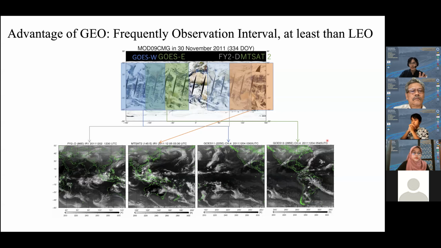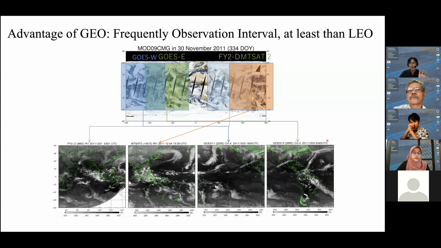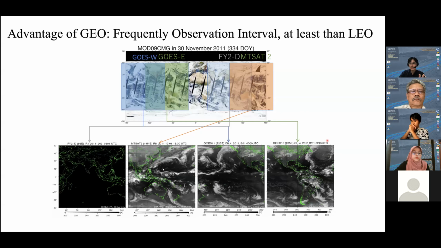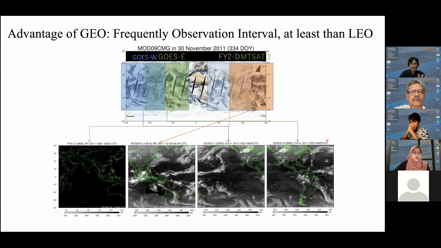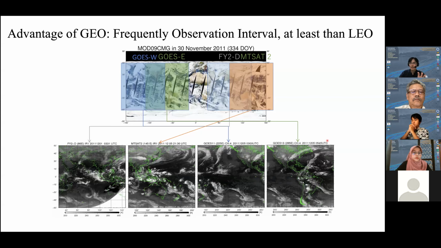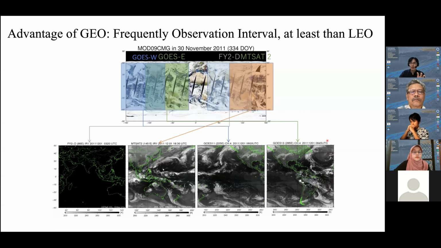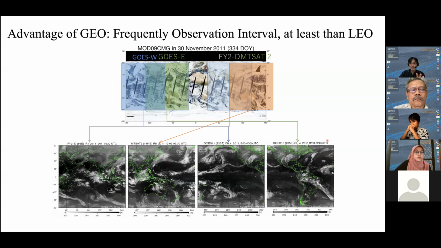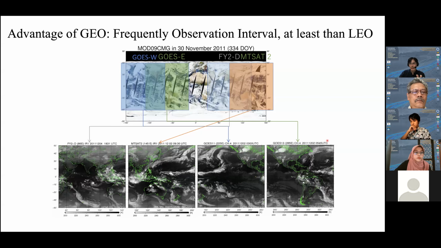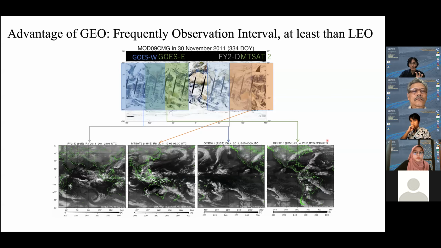So this is the reason why meteorological agencies operate geostationary environmental satellites. The observation of weather is the primary task of operating a geostationary meteorological satellite.